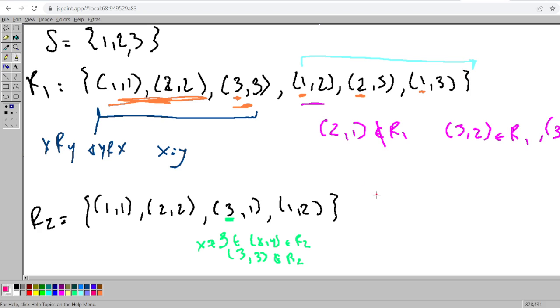And then the next one I can look at, it's not antisymmetric. We have that x relates with y, and y relates with x. No. We do have, oh. Wait, what? I think I wrote the example down wrong.